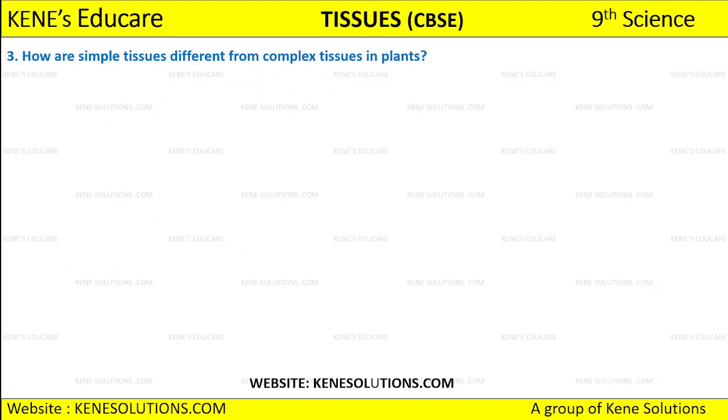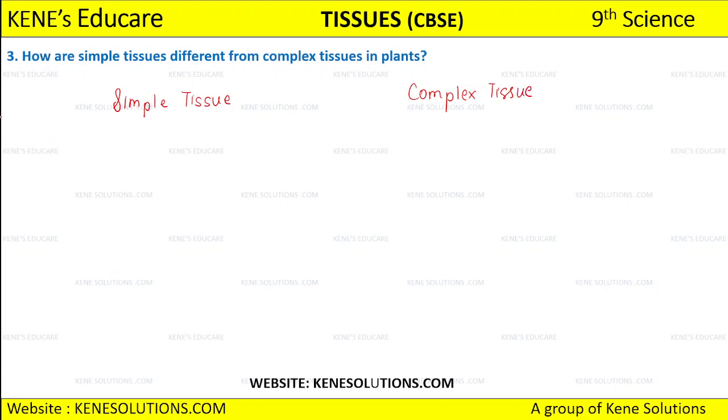Now the third question is, how is simple tissue different from complex tissue? So I'll write a differentiating table. So simple tissue, and here we have complex tissue.